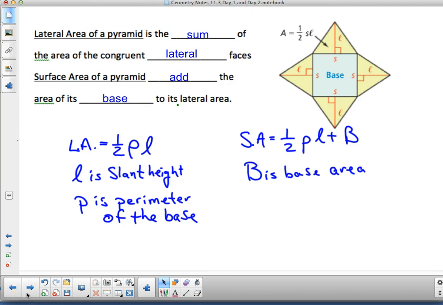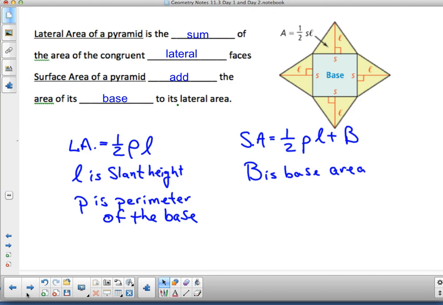Now, lateral area of a pyramid is the sum of the areas of the congruent lateral faces. Surface area of a pyramid: add the area of the base to its lateral area. So lateral area is just finding the area of one triangle and multiplying it by how many triangles there are in the shape, or better yet, multiplying the area of the one triangle you found by the number of sides of the base, because there are going to be just as many triangles as there are sides of the base.